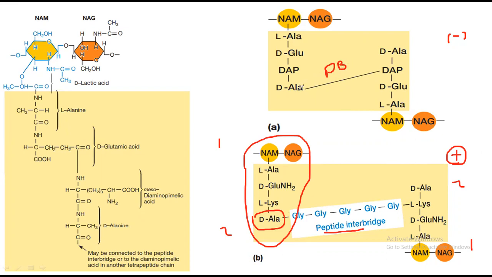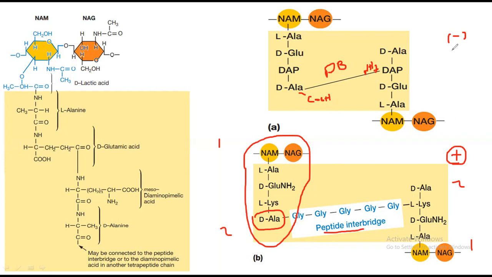Here, the COOH, the carboxyl group of the D-alanine, binds to the NH2 group of the diaminopimelic acid, and simply a peptide bond is formed, and they are interconnected to each other. But it only occurs in the gram negative cell wall.